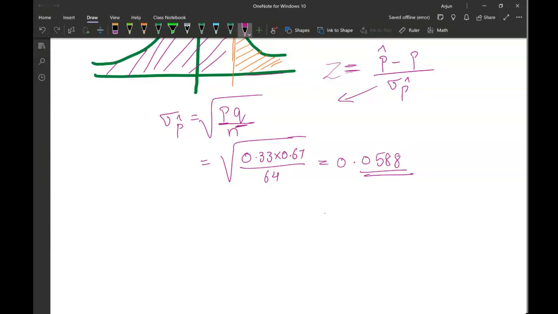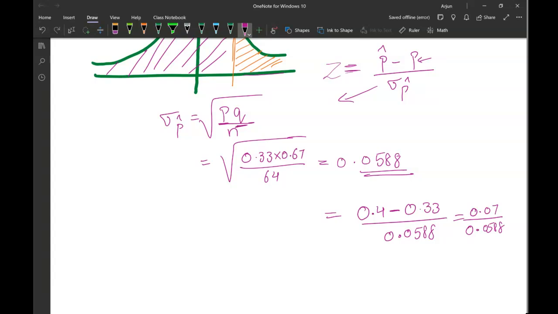Now p hat value is 0.4 minus p value, which is 0.33, divided by 0.0588. If I were to do the math on this one, 0.4 minus 0.33 equals 0.07, divided by 0.0588.